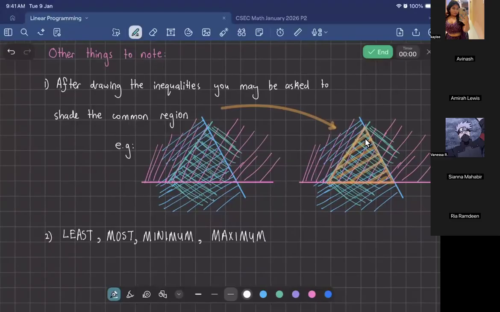And essentially, anytime you see words like this, you are going to look at the vertices of the common region.